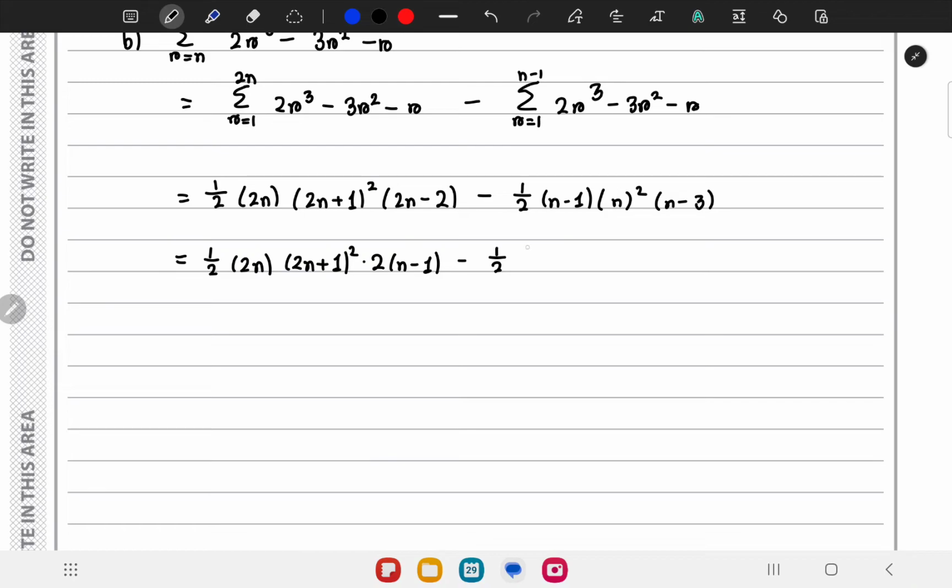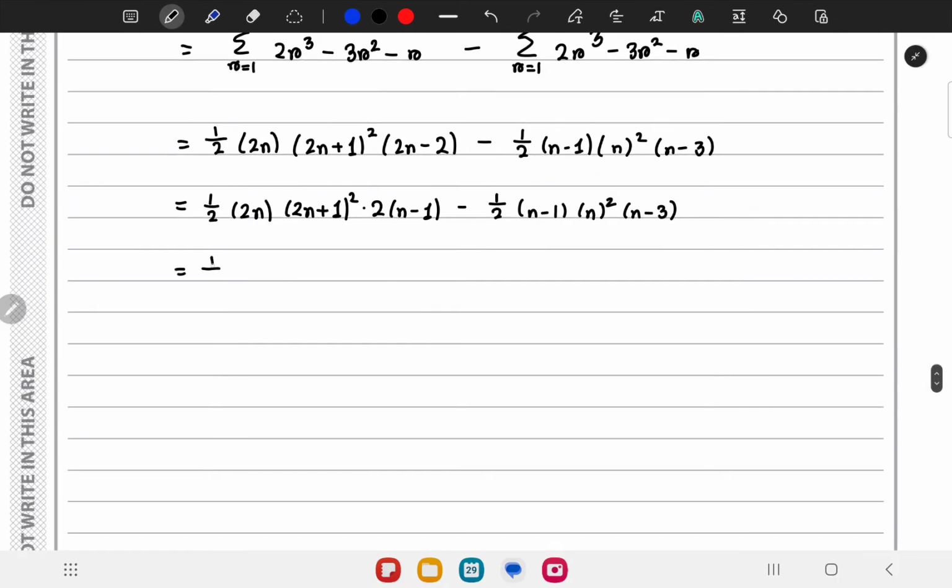So we'll get half from here. We can take half into n minus 1 common for both. Then we'll have a 2 from here and a 2 from here, so 4 times 2n plus 1 whole squared, and from this equation we'll have n times n minus 3.